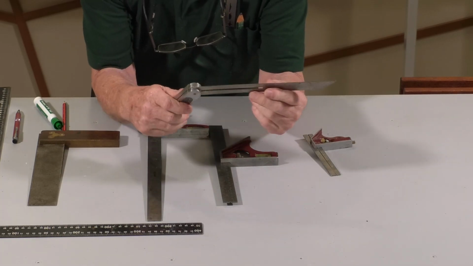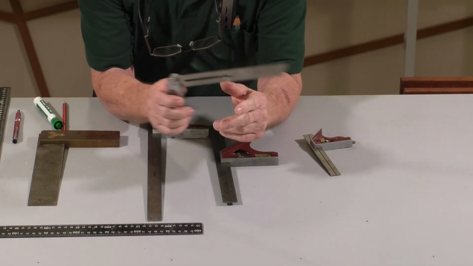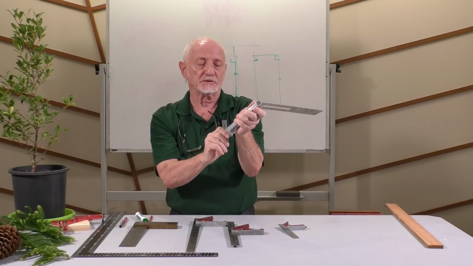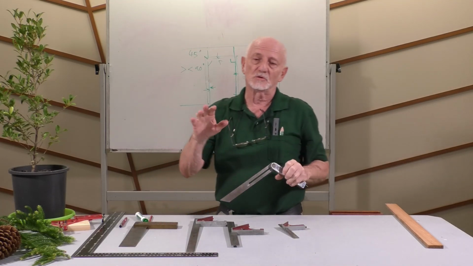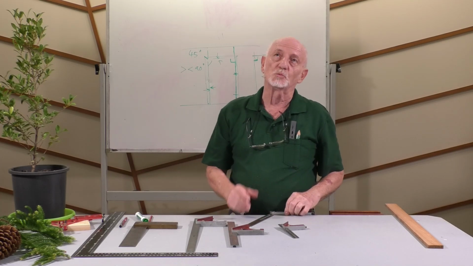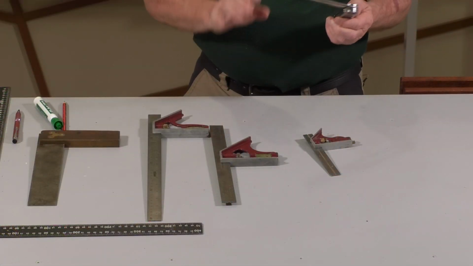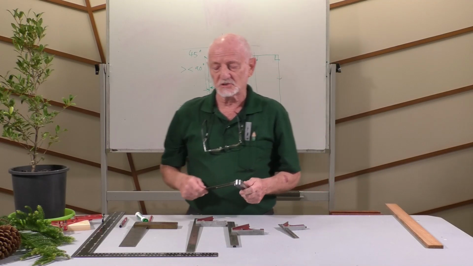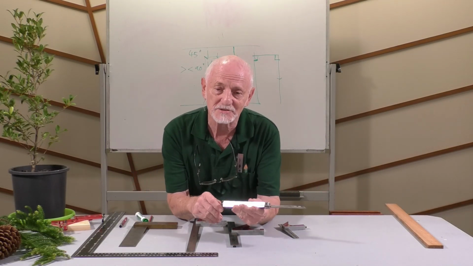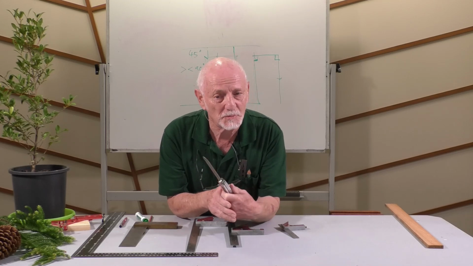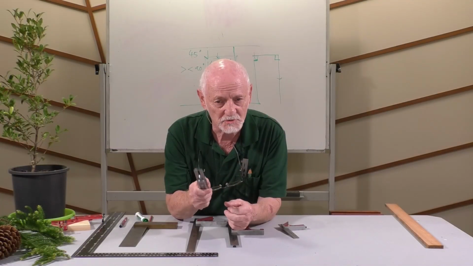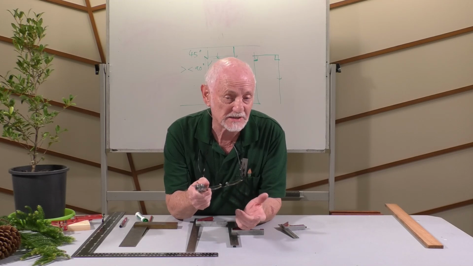And whatever angle you need, you go up to a job, adjust the angle, tighten it up, and then you go back to your workbench and you transfer the angle onto whatever piece of wood goes up there. So a sliding bevel is just as important as a square, because as I mentioned when I was working at the Opera House, this was my saviour, because all angles there were weird and different.